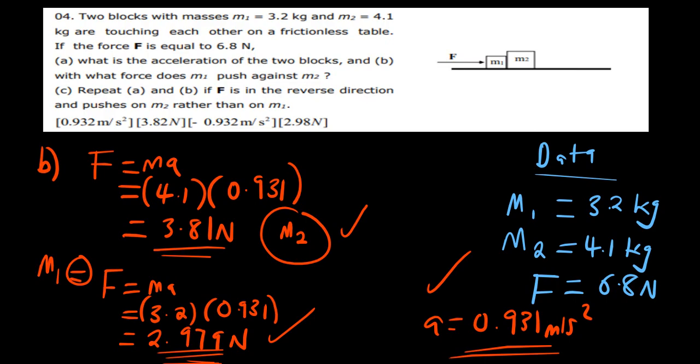It won't make sense to say that a smaller object's small force is able to counteract and oppose a larger force. That's against Newton's laws of motion. There's nothing like that. So that's how you are going to solve this question.